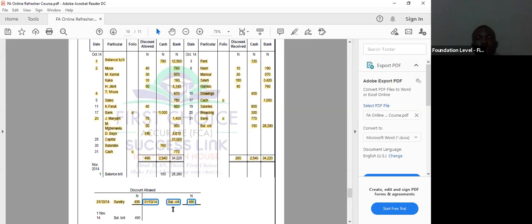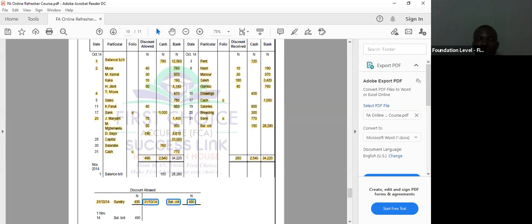But because we still have other figures to add up before we transfer to our profit or loss account, we have balance carried down. But assuming it is the last month, you are not going to have balance carried down here. What you are going to have is profit or loss account.